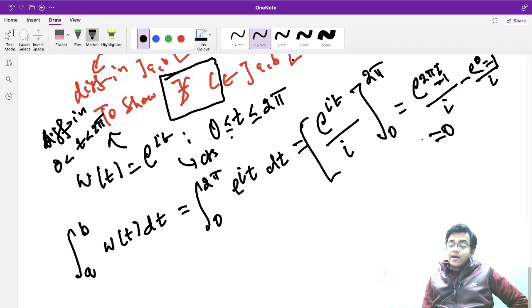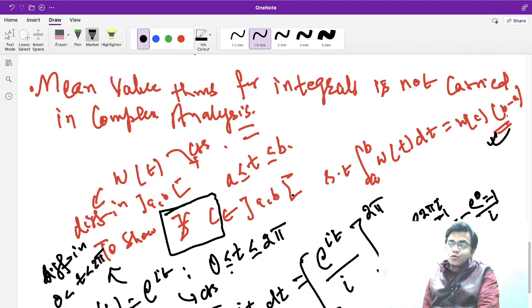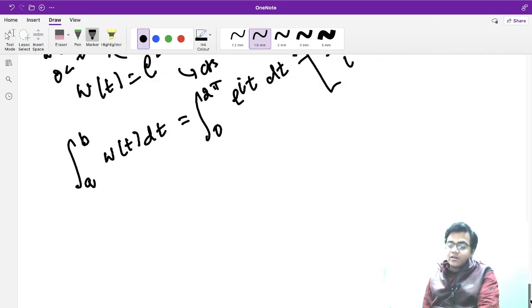But if you try to find the RHS, W of c into b minus a, then that will become non-zero. How shall you confirm this? Look at the modulus of W of c into b minus a.